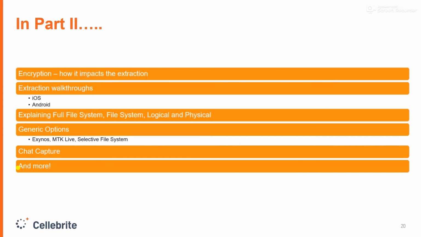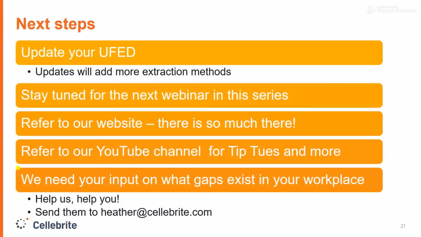We'll take a look at Qualcomm Live, MTK Live, and features like that, chat capture, all the cool things. We're going to look at generic options. And then I'm actually going to explain to you and show you at the end in Physical Analyzer what a full file system looks like, what a file system looks like, and what logical and physical look like.